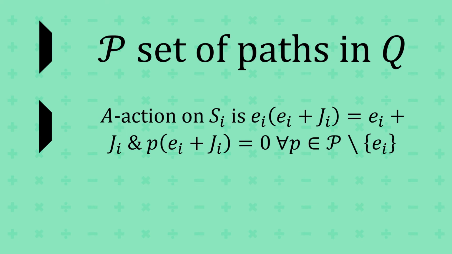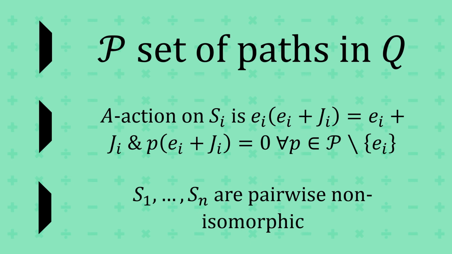Letting P be the set of all paths in Q, the A action on the S_i is given by e_i times (e_i plus J_i) is equal to e_i plus J_i, and p times (e_i plus J_i) is equal to 0 for all p in P not equal to e_i.